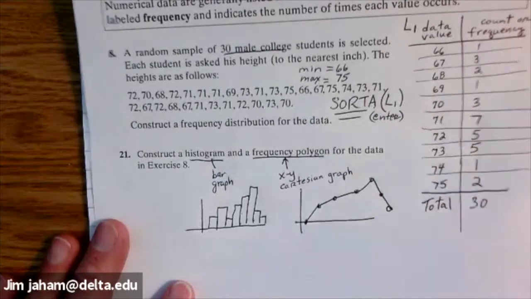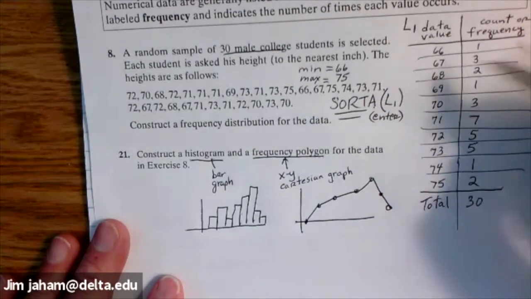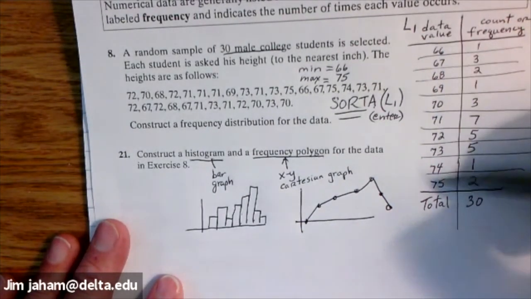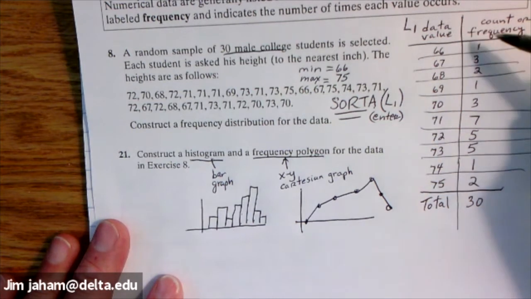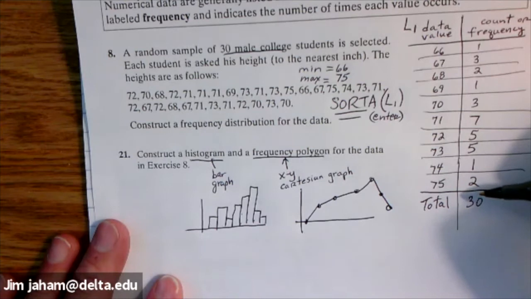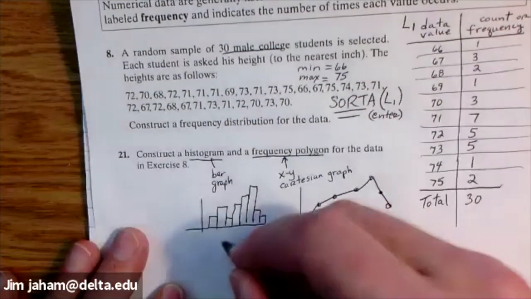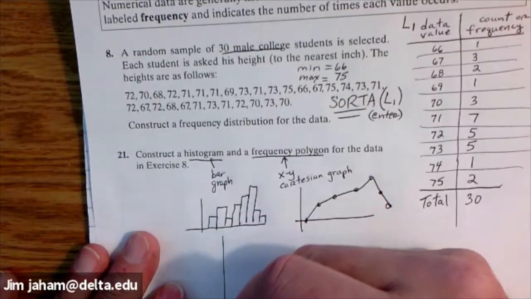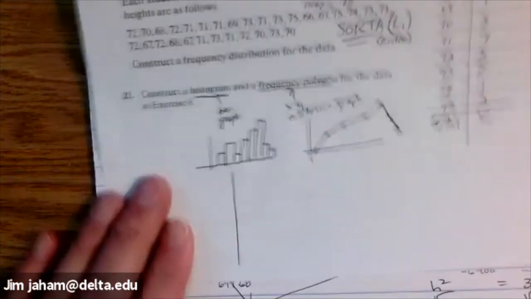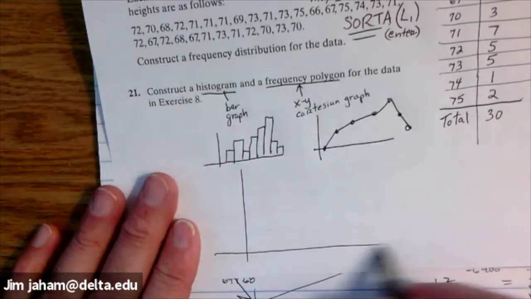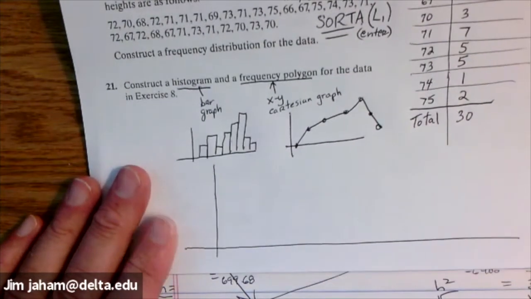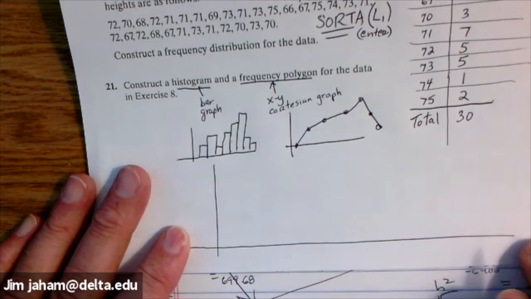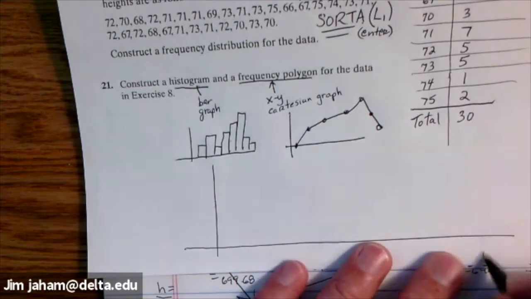Okay, so what we want is we want these numbers along the x-axis, the data values, and then the frequencies will be along the y-axis. So it's going to look something like this. I'm going to make a big long x-axis here. But this would be your heights.